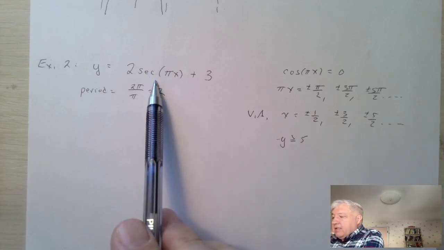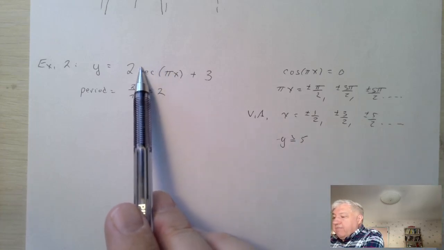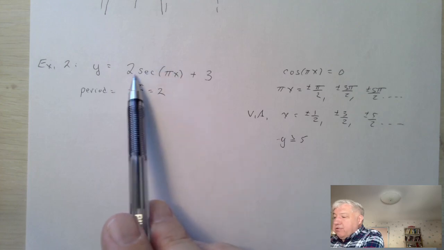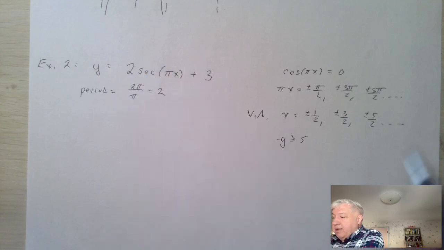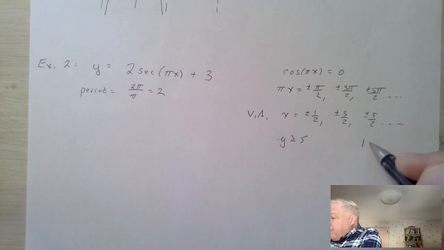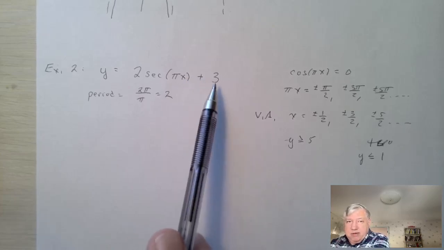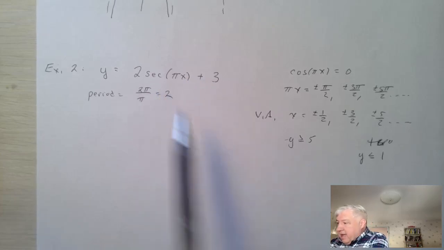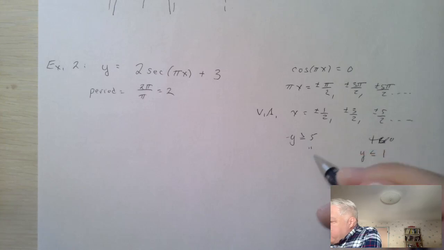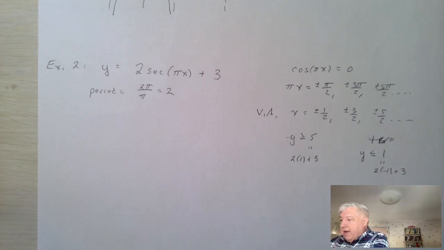And if the secant is less than or equal to -1, let's say if this is -1, then we have 2 times -1, that's -2 plus 3, that's 1. So that will mean that y is less than or equal to 1. So this 3 shifts everything up 3 units. Again, we got this because 5 was 2 times 1 plus 3, and this was 2 times -1 plus 3.